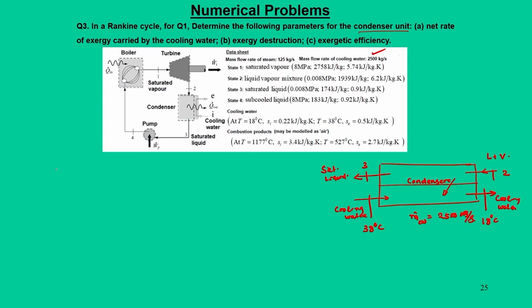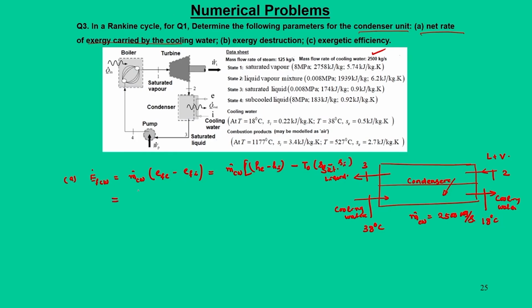So, one can write out the first term, that is the net exergy carried by the cooling water. We say E dot F cooling water as m dot Cw into EFE minus EFI, that is m dot Cw into He minus Hi minus T0 into Se minus Si.